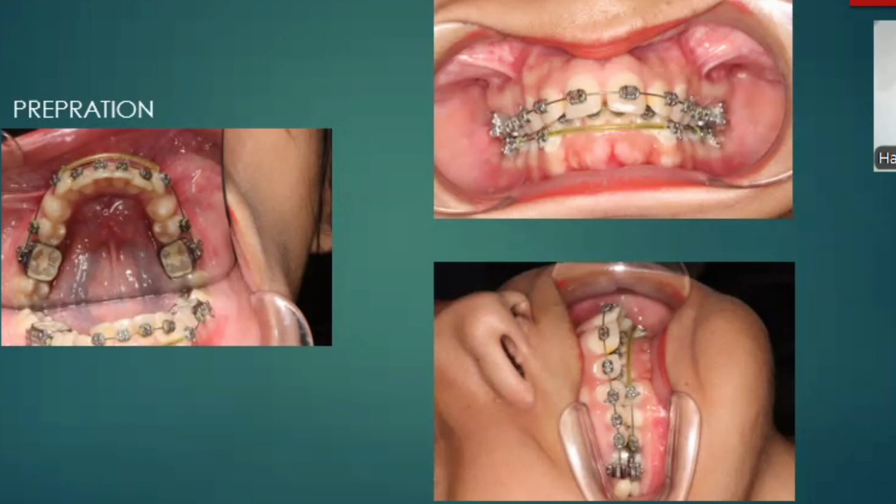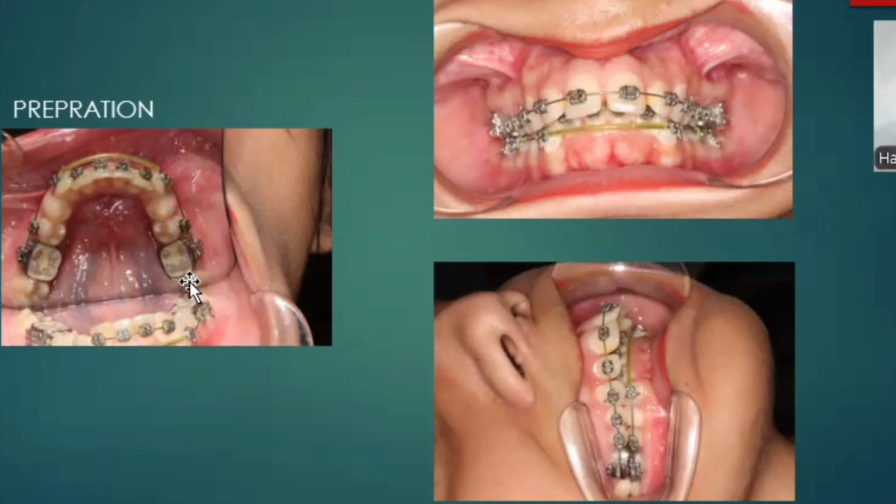As we look closely at this patient, we will cement our bands. There should be a double tube band, as the main slot will be used to pass the wire in the segment of canine, first premolar and second premolar, and the intrusion arch will be passed in the second slot.